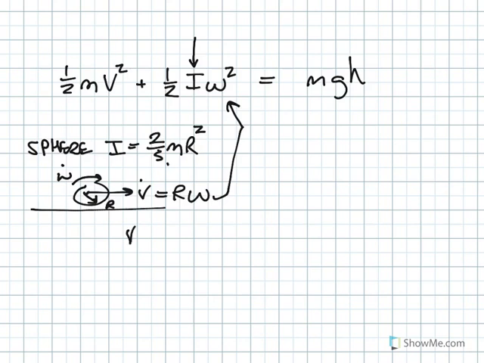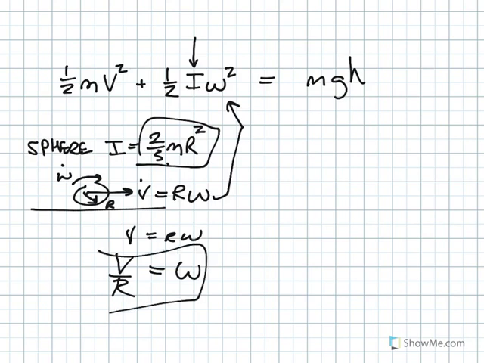If v is r omega, that means that omega is v over r. So now we're going to replace the I with this, and we're going to replace the omega with this. And check out what happens here. I love what happens.